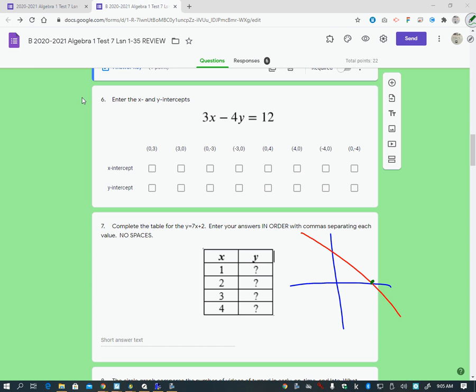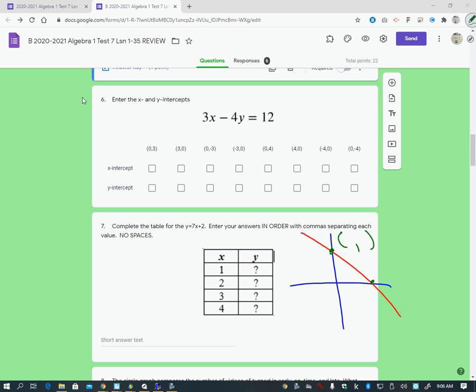Okay, what intercept is that? That's the x-intercept, okay? And that's the y-intercept, okay? Now, quick question for you. What is the x-coordinate at the y-intercept? I just want to know what the x number is on the y-intercept.